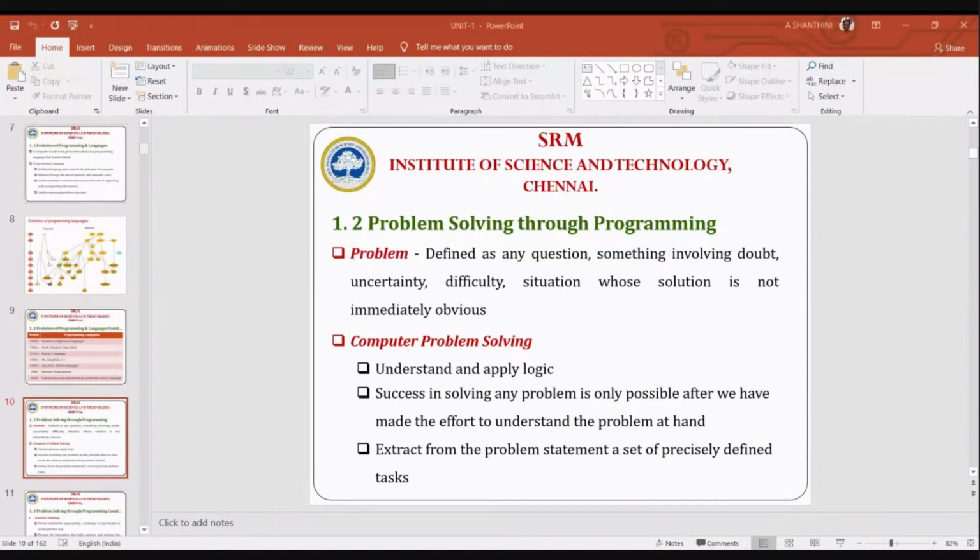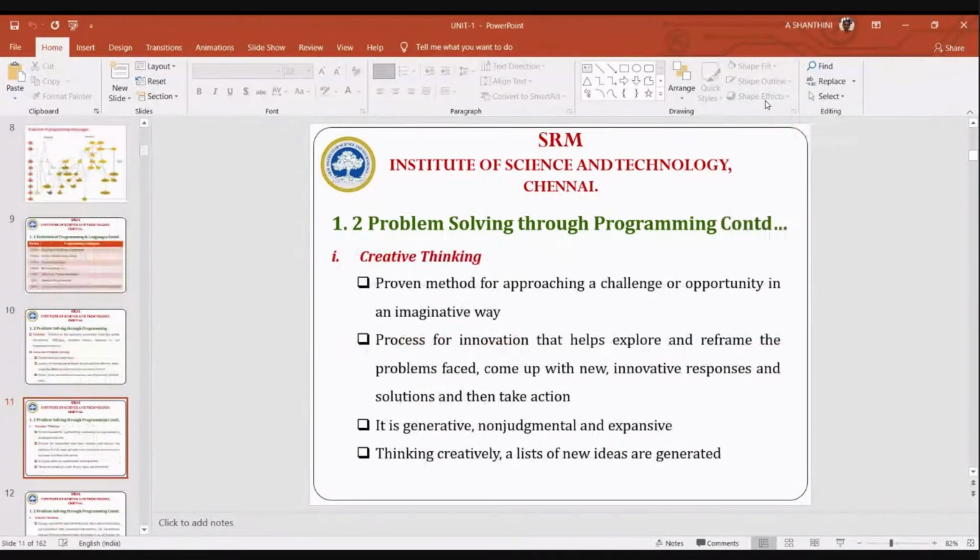And the fifth step will be to write the algorithm for it. And the sixth one is to evaluate the solution, whether you have spent the evening effectively or not. So these are the steps involved for solving any normal problem or computer related problems. Got it? Shall we move to the next topic? Yes, ma'am.